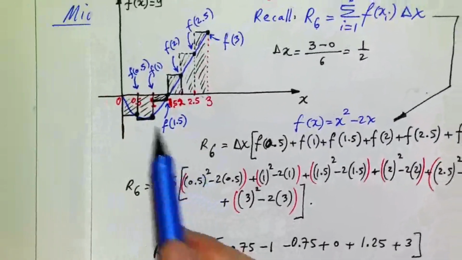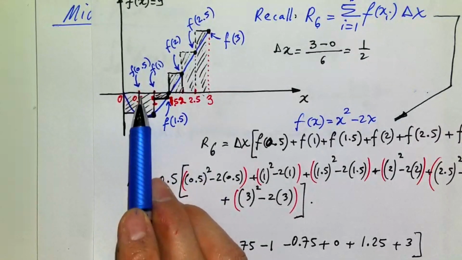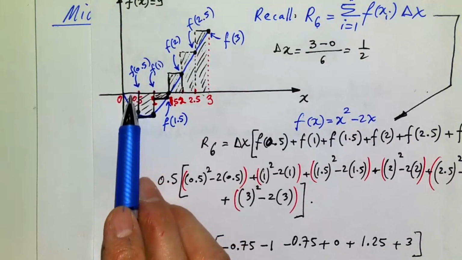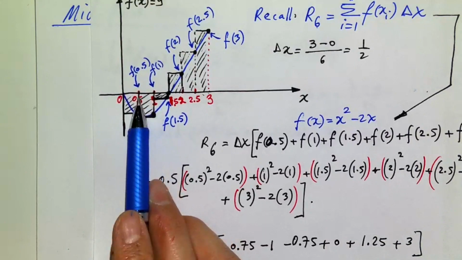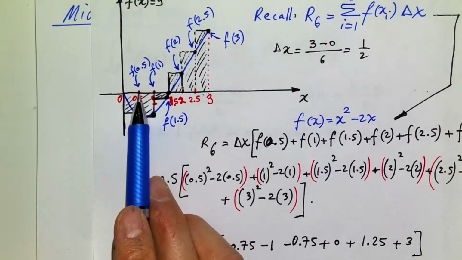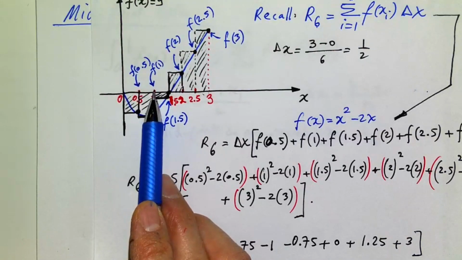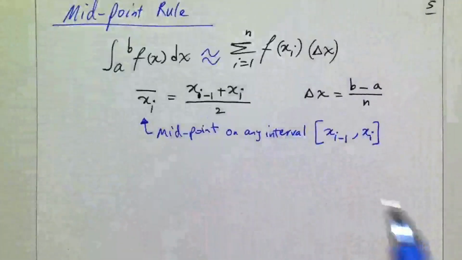For this interval in this graph, xi minus 1 would be that, and xi would be that. So add those, divide by 2, you get the midpoint value. For this interval, again, xi minus 1 would be that point, xi would be the upper point. Add those two, divide by 2, you get the midpoint. And this is really simple.